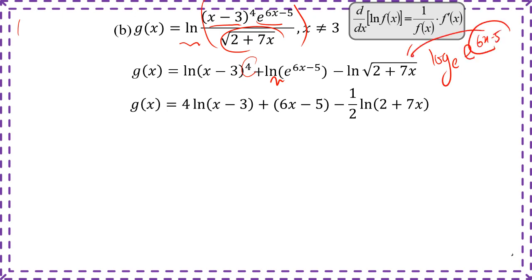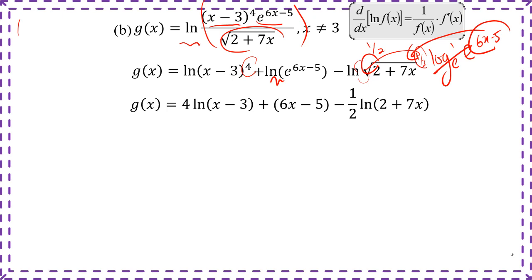This power can be the coefficient, so log e is equal to 1. So directly we get 6x minus 5. And the last one, this square root is actually power 1 over 2. That's why if we have power of 1 over 2, we can bring it as the coefficient of the logarithm function. And now you can continue with the differentiation.